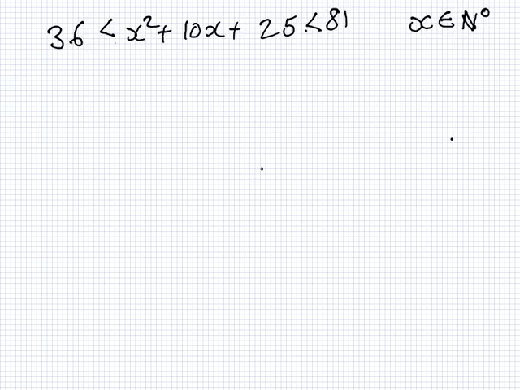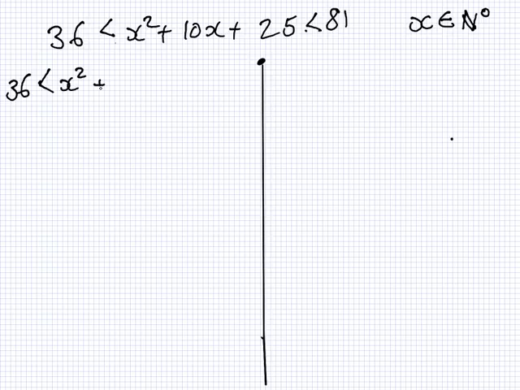Okay. So I'm going to separate it into two quadratics. The first one is 36 less than x squared plus 10x plus 25. And then the second one is x squared plus 10x plus 25 less than 81.